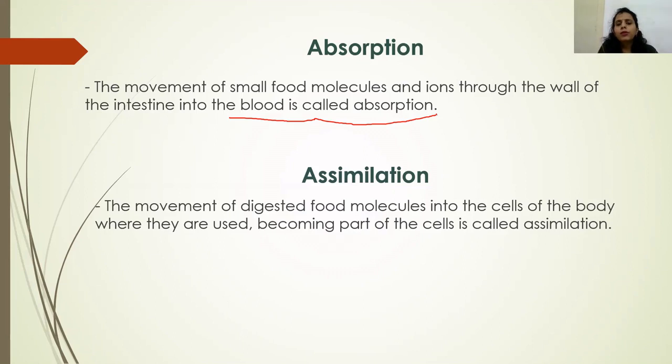If our body requires only 3 grams of glucose at that time, and we have consumed almost 7 grams, the liver will transport only 3 grams to our body cells with the help of blood, and 4 grams will be stored in the liver cells in the form of glycogen. Hence this distribution of nutrients to different parts of the body by the liver is known as assimilation.